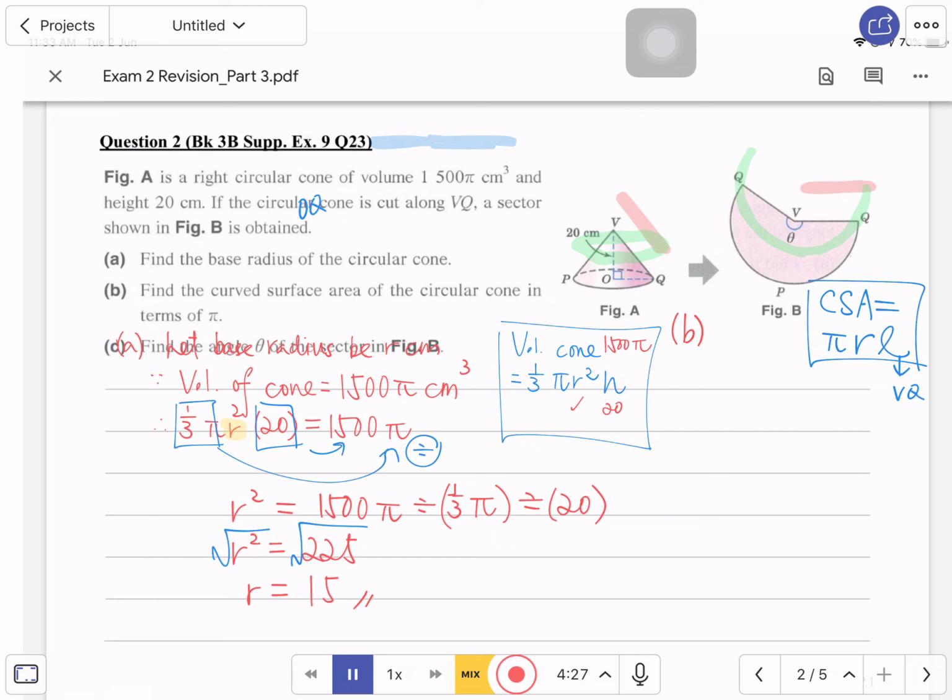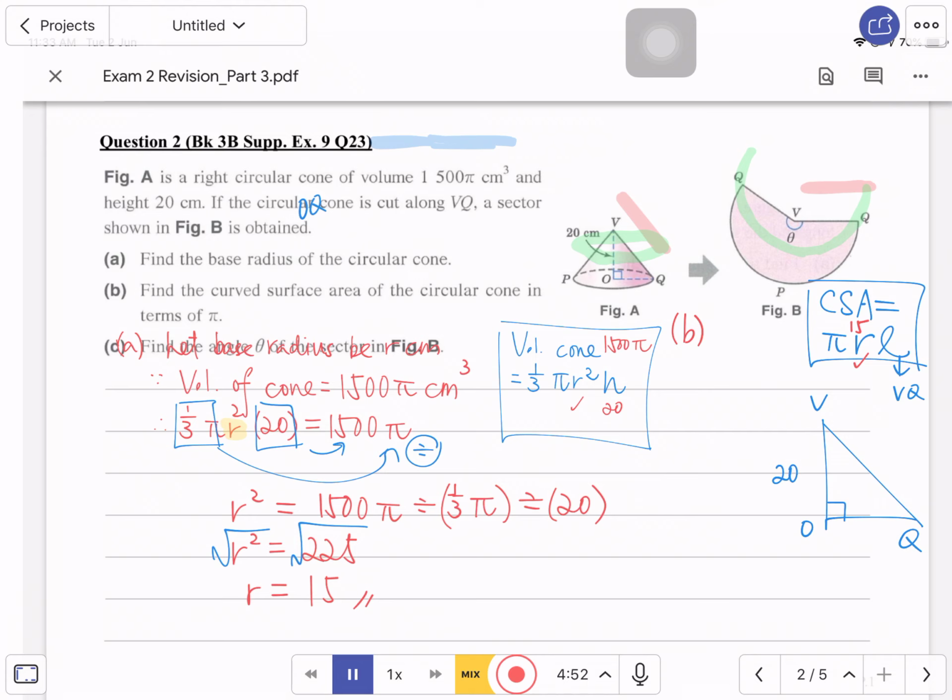But how can we find the VQ? We have the r, which is 15. But we don't know L, VQ. Actually, we can use the Pythagoras theorem by referring to the triangle VOQ.